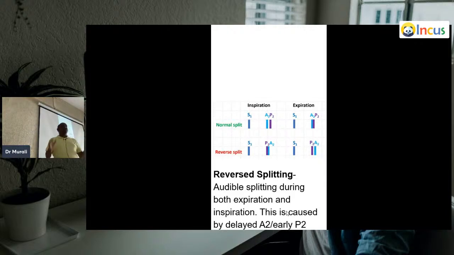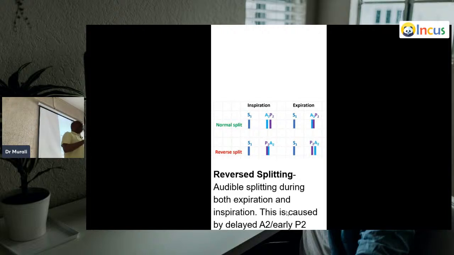Reversible splitting means if the P2 became so early that in fact it happened before A2, and A2 got delayed that it went beyond P2, then you will listen to the split during expiration also. Then that is called reversible splitting.